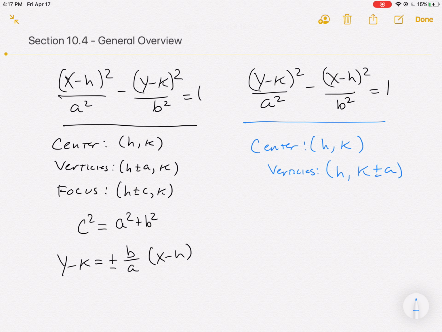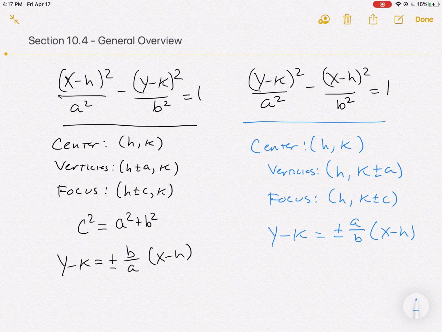I put that a underneath that non-squared one. The focus points are going to be h comma k plus or minus c, and the asymptote lines will still be y minus k, still plus or minus, and it will still be x minus h, and it's always what's underneath y square rooted all over what's underneath x square rooted.